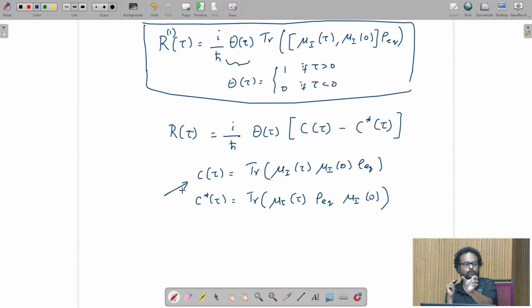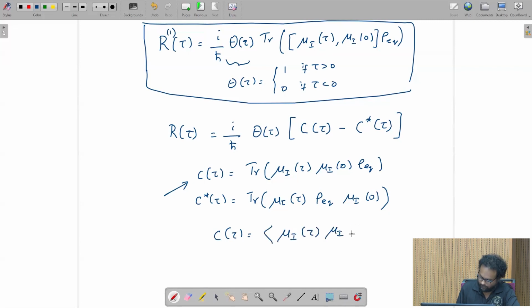A product of two dipole moment operators acting at two different times. It's correlating the two functions. So this is referred to as a correlation function, C of tau. What C of tau is telling you is it informs of the memory of the event.